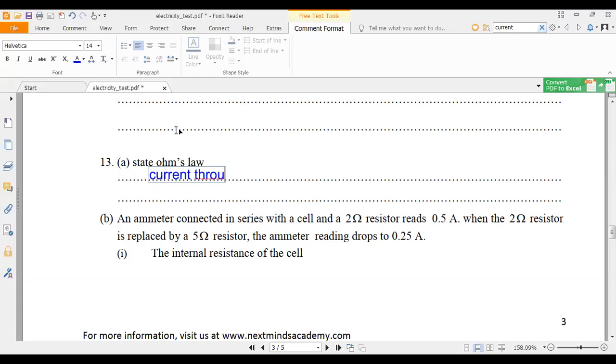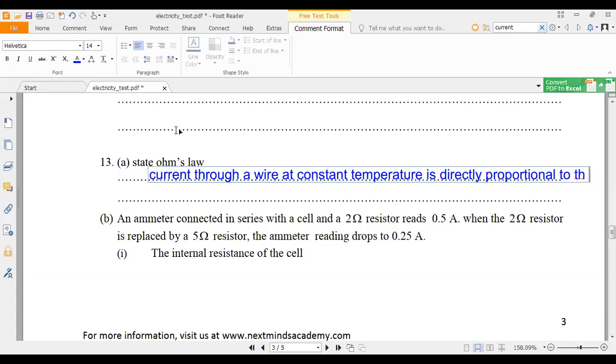It states that the current through a wire at constant temperature is directly proportional to the potential difference across its ends.